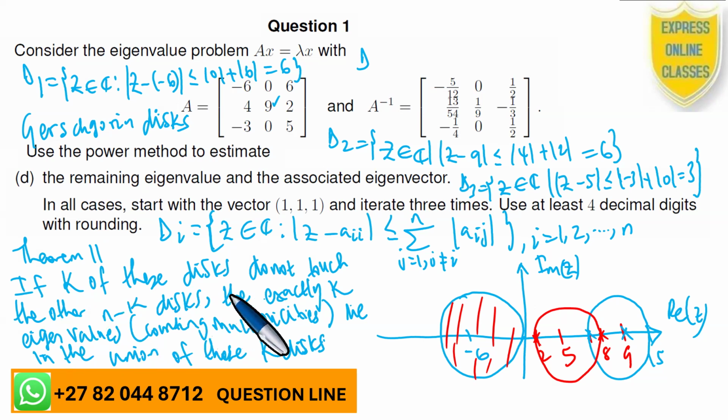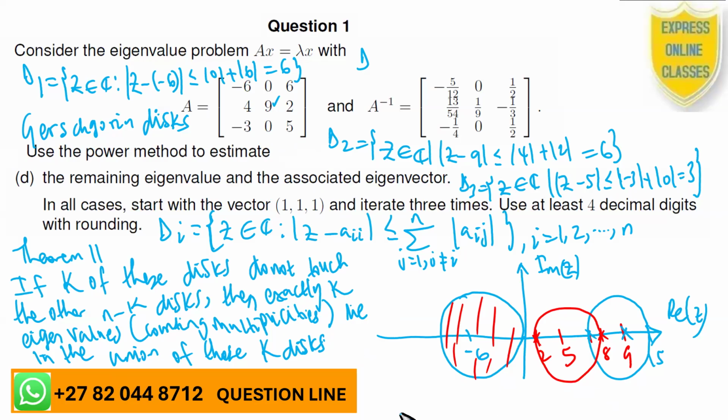If k of these disks do not touch the other n minus k disks, then exactly k eigenvalues counting multiplicities lie in the union of those k disks. At this point we have three eigenvalues because there are three main diagonal entries, 1, 2, 3, and hence three disks.